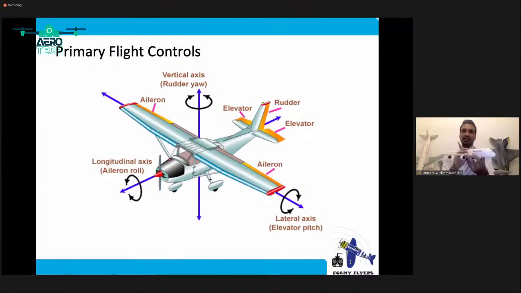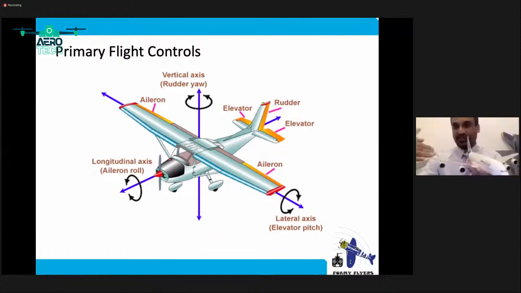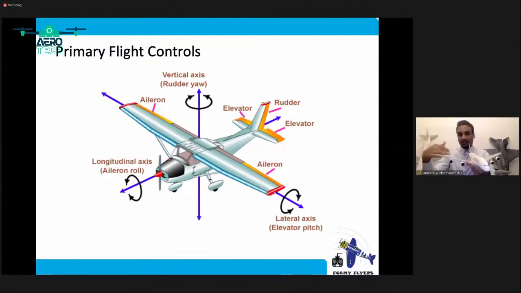Likewise, the ailerons on these two sides, one can be moved. Let's say one side goes up, but I remind you that the ailerons work in opposite ways. So if one side goes up, the other side goes down. I'm just using very basic terms here.